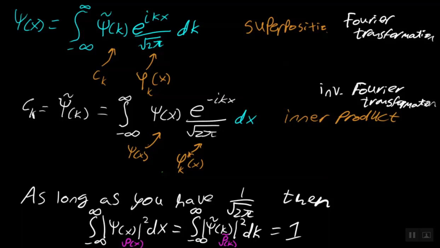So each of these, the probability of it having any position and the probability of it having any momentum, has to be 1. But if psi of x is normalized and we put it through this Fourier transformation with the 1 over root 2 pi, then psi tilde of k is normalized. So as long as we've normalized psi of x, psi tilde of k is already normalized for us, which is really nice. So that's why we have that 1 over root 2 pi. Okay, I'll see you in the next video.